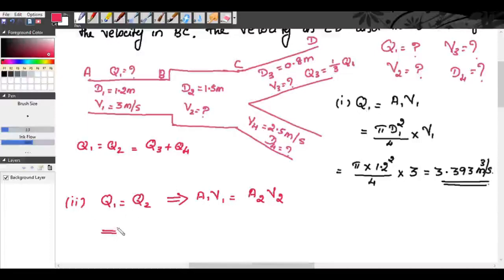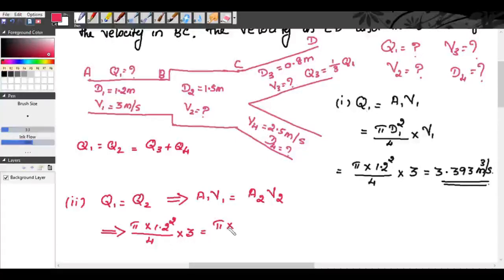So what we get is, now what is A1? Pi into D1 square, right? D1 square is 1.2. 1.2 square divided by 4 into V1, which is 3, is equal to A2.